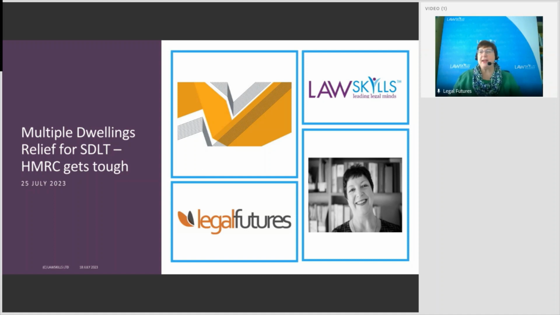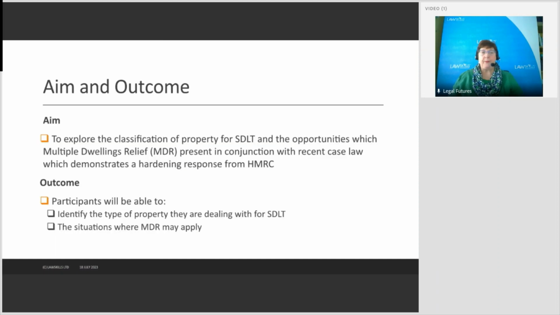The reason for that is the sheer scale of the difference between claiming the right amount of reliefs and not. So given the price of property is often high, and it's usually the higher value properties where these cases surround themselves, the cost of getting SDLT wrong is certainly a worry.